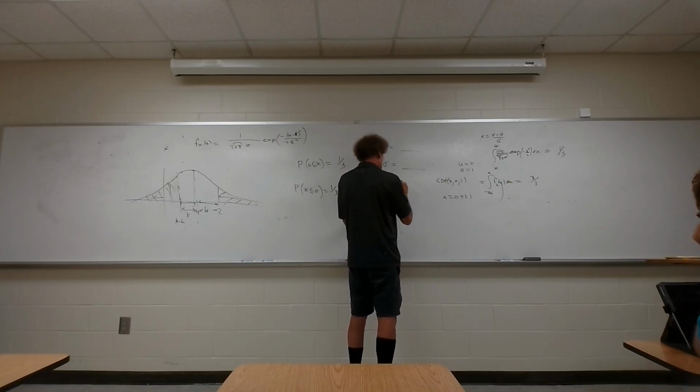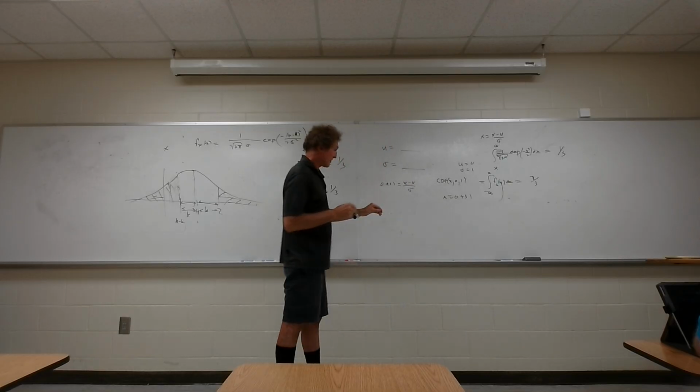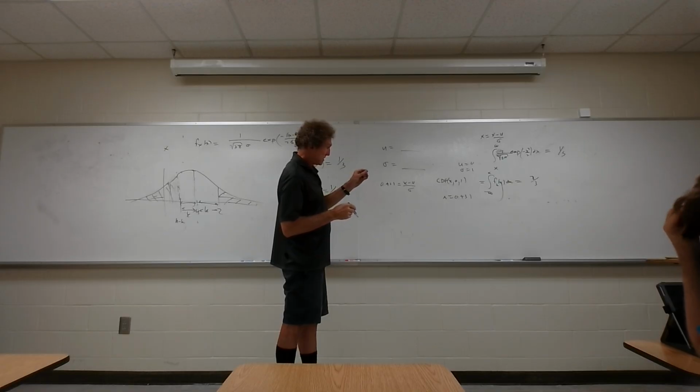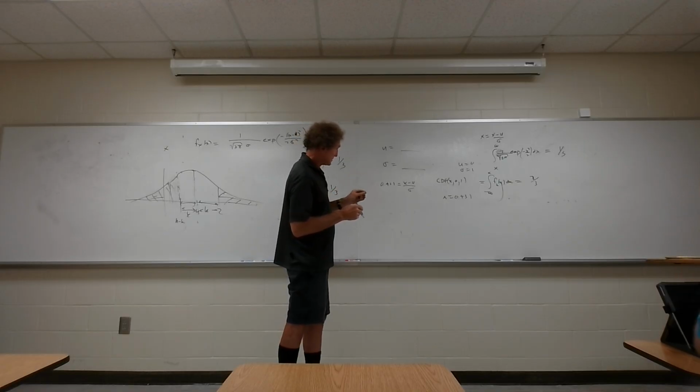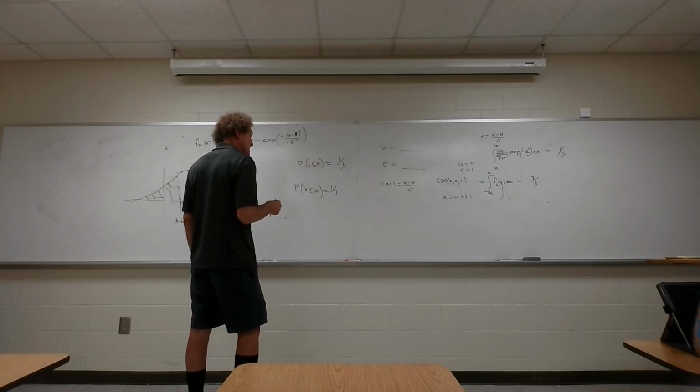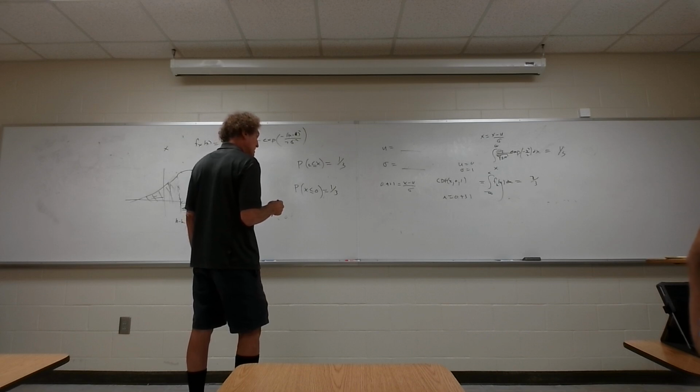All right, so if we have that, 0.431 is equal to x minus the mean over the standard deviation, right there, and then, because of symmetry, that's 2/3.